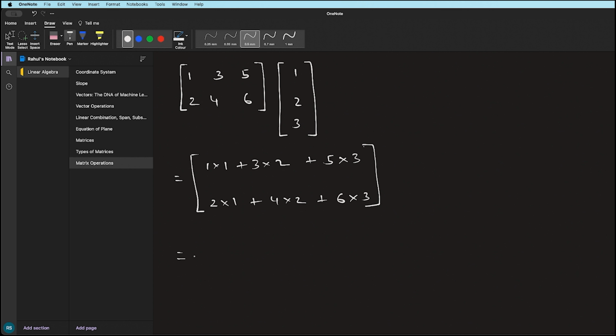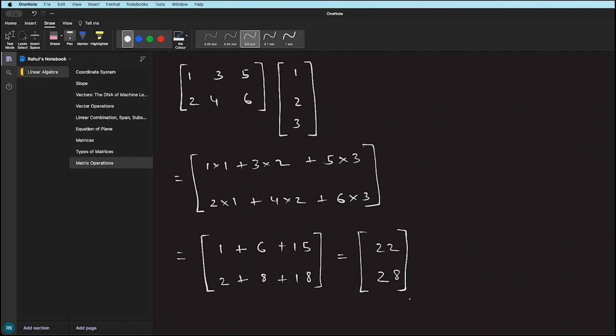So the result is 1 plus 6 plus 15, that is 2 plus 8 plus 18. So the result is 22 and 28. So the dimension of this matrix is 2 cross 1.